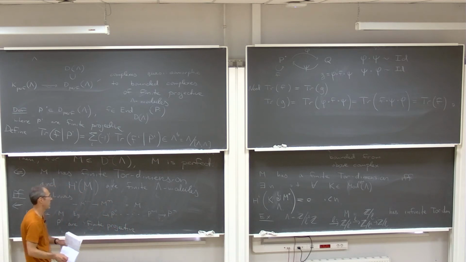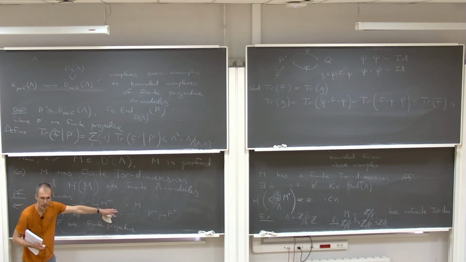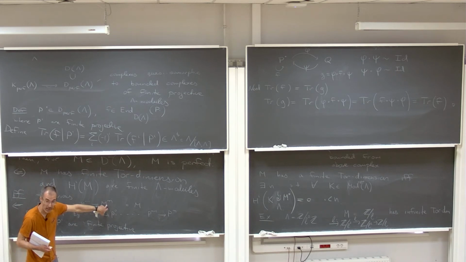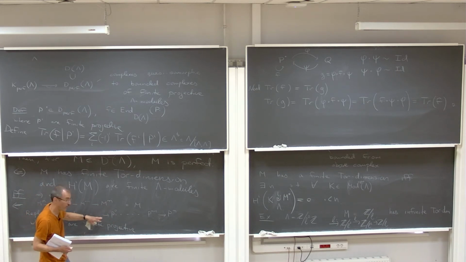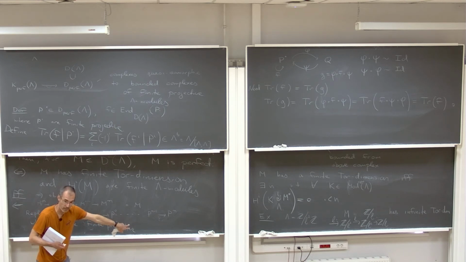Well, any complex which is bounded from above is quasi-isomorphic to a complex of projective modules. I have enough projectives. And if the homology of these is finite, then I can assume that this complex of projective modules is formed by finite projective modules.